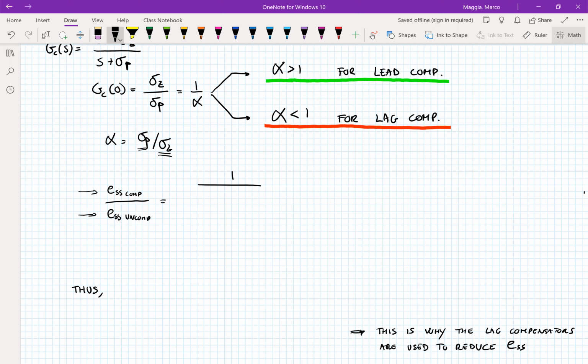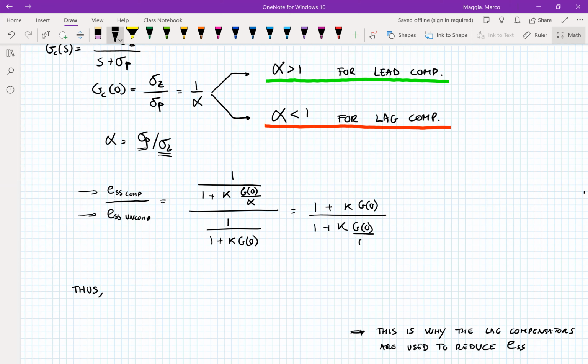So we have 1 over 1 plus K G evaluated at 0 over alpha, over 1 over 1 plus K G evaluated at 0. So rearranging this fraction, we have 1 plus KG at 0 over 1 plus KG at 0 over alpha.